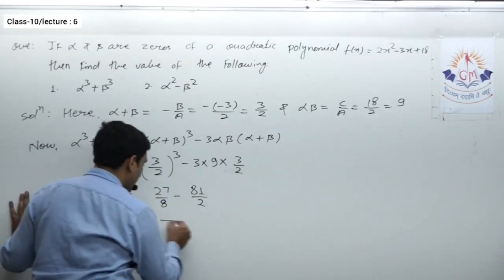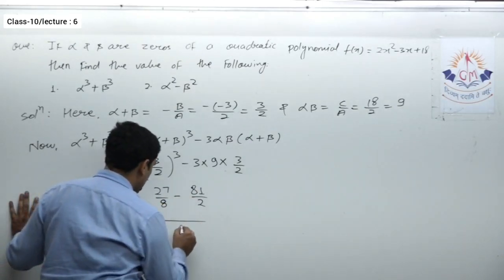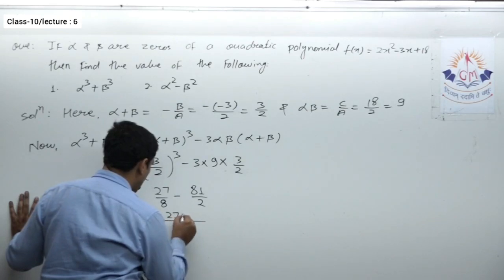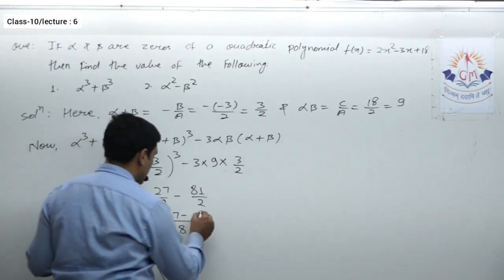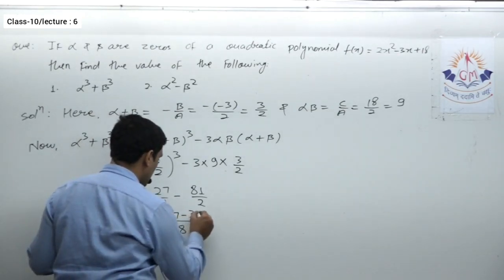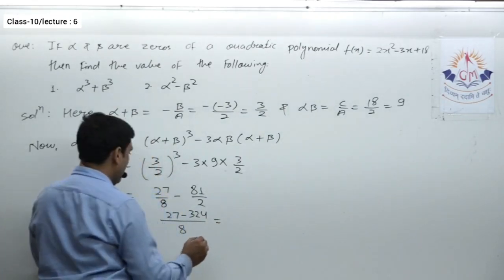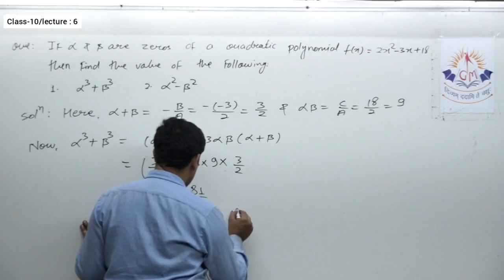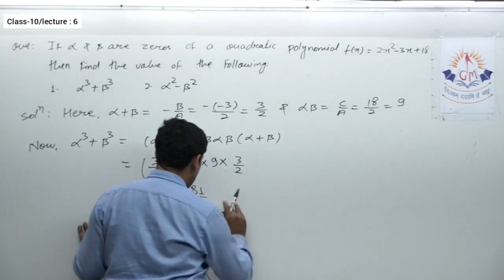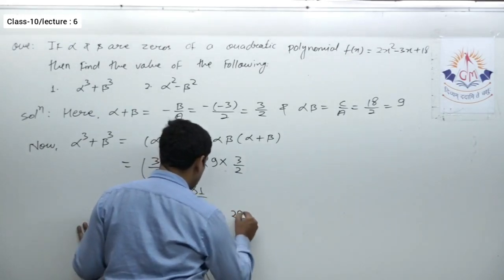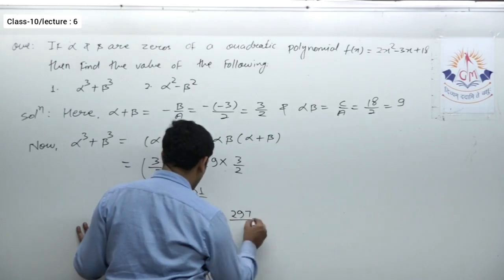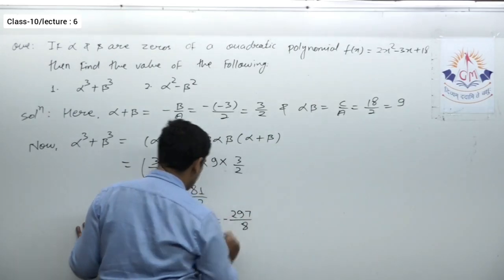Now definitely you have to take the LCM, that will be 8, so 27 minus 324 upon 8. The final answer of this sum is minus 297 upon 8.